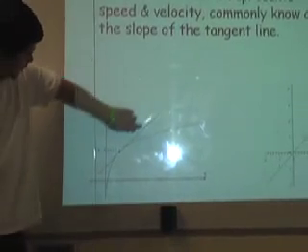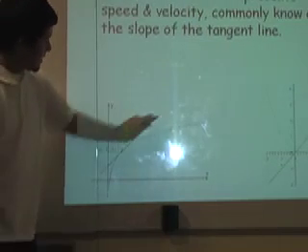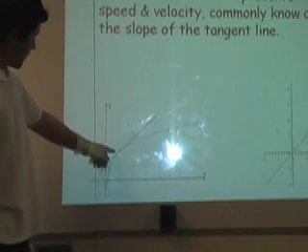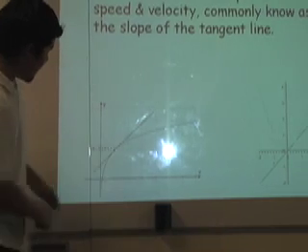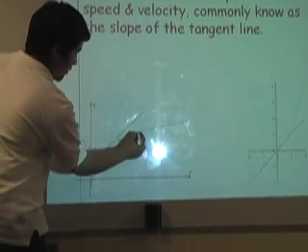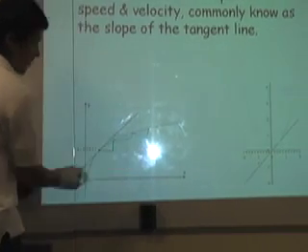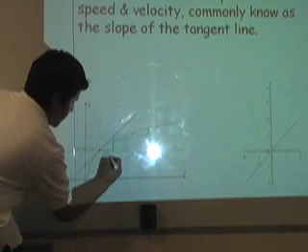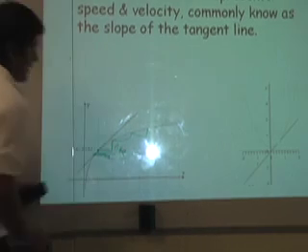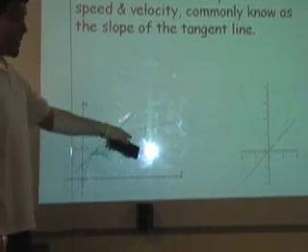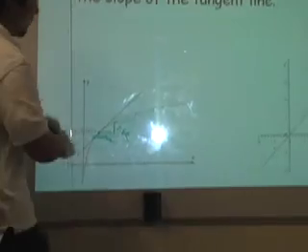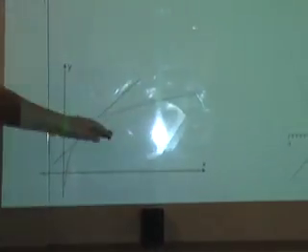Since the line is going up, the slope is positive, and therefore the velocity is positive, as it keeps moving from here to here. So that's positive velocity.